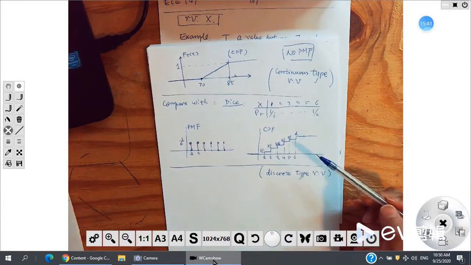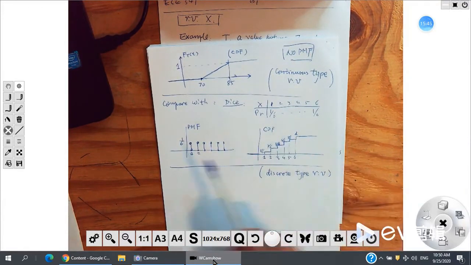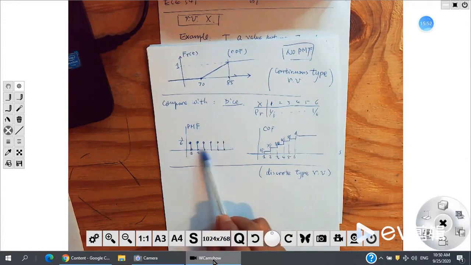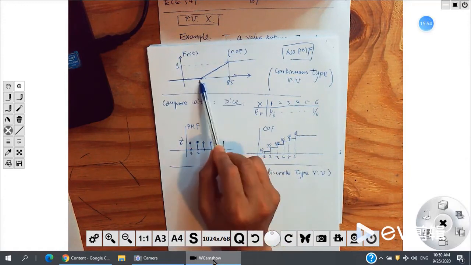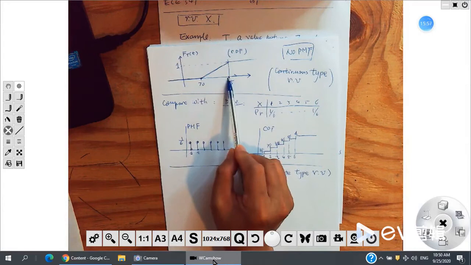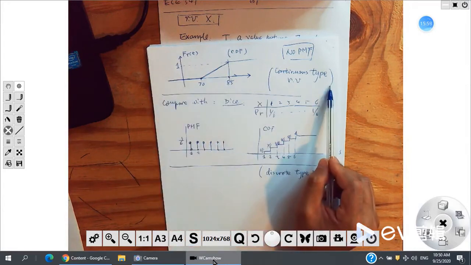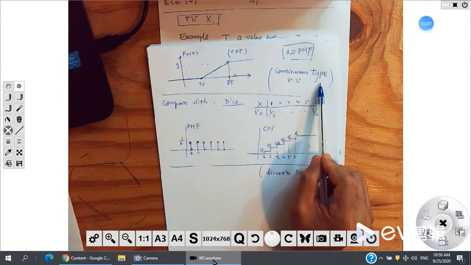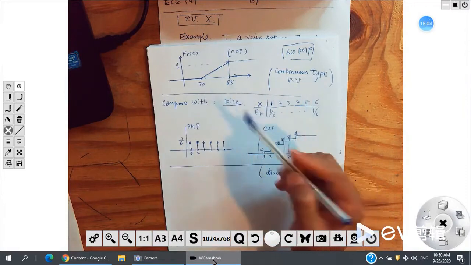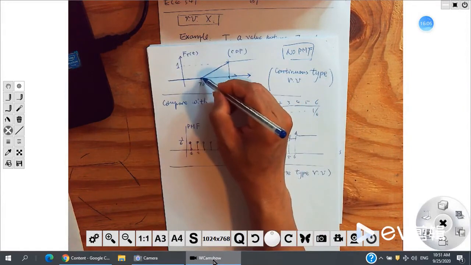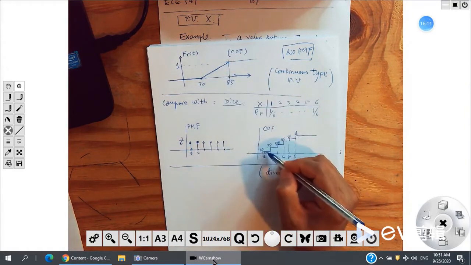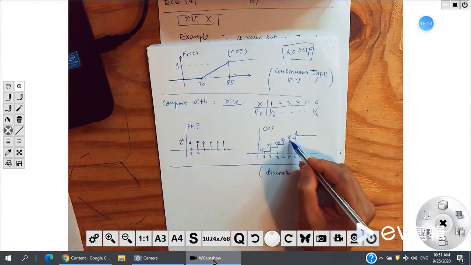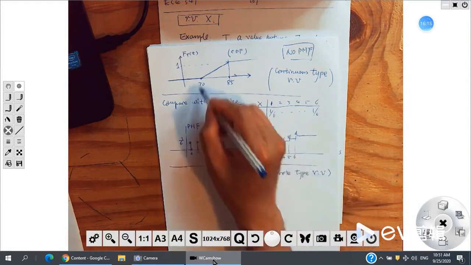If the random variable can only have some discrete values, it is discrete type. And when the value can be continuously located in some interval or even on the whole real axis, then you check the CDF: it will be a smooth curve, with no jump. This one has jumps. This is the discrete type case, and here it is smooth.